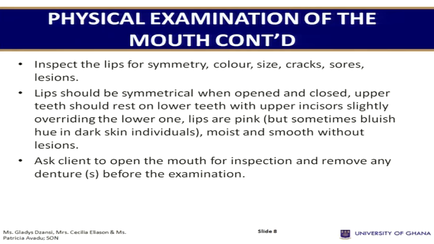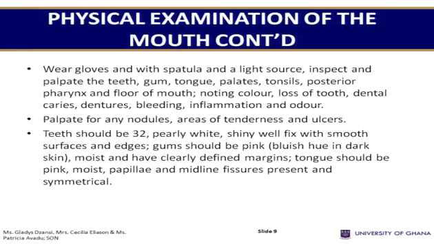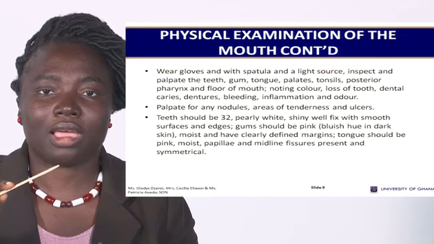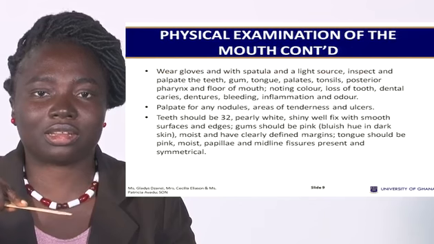So ask your patient to open the mouth so that you can inspect it. If there are any dentures, ask the patient to remove them and put them in a receiver whilst you do your inspection. Wear your gloves, and as the patient's mouth is open, take your spatula and press it down on the tongue.